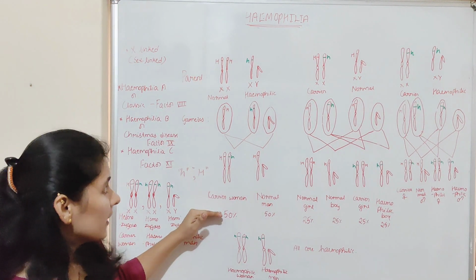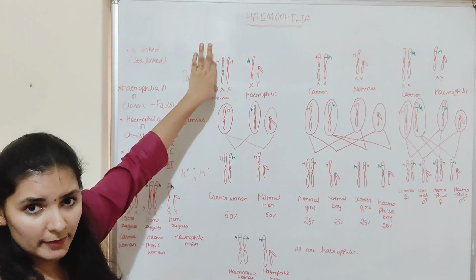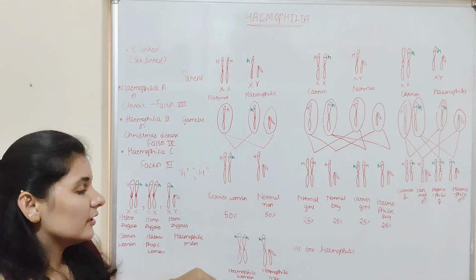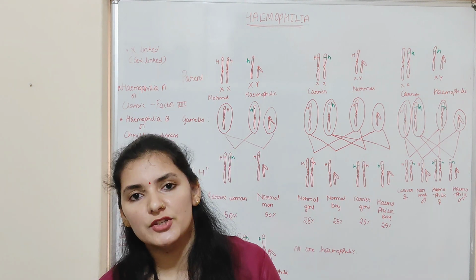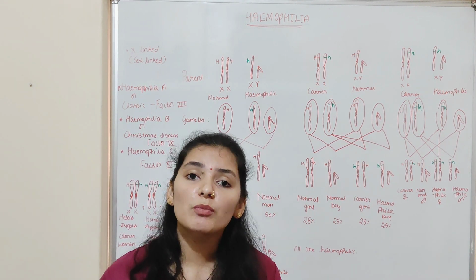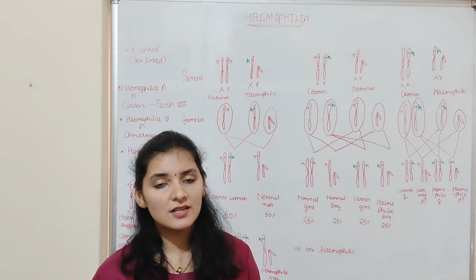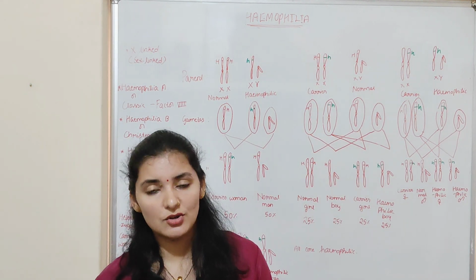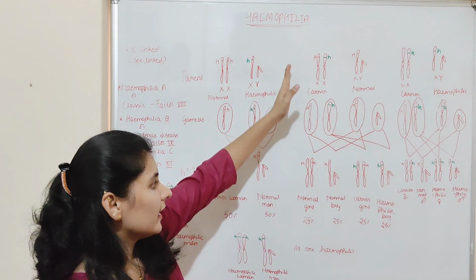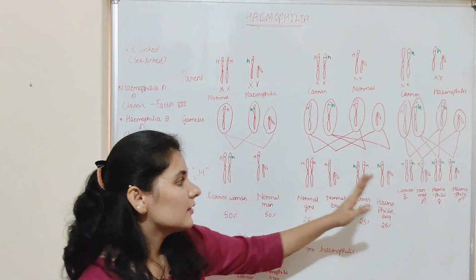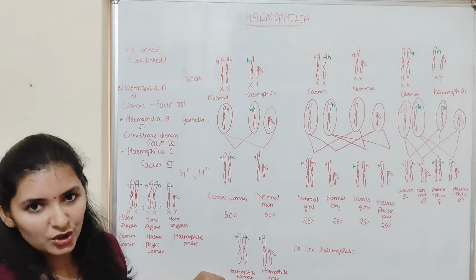To produce offspring, the individual should attain sexual maturity, but practically the hemophilic individual will die before that because of non-stop bleeding or continuous blood loss. That is why only the second condition is possible and the other three conditions are practically not possible.